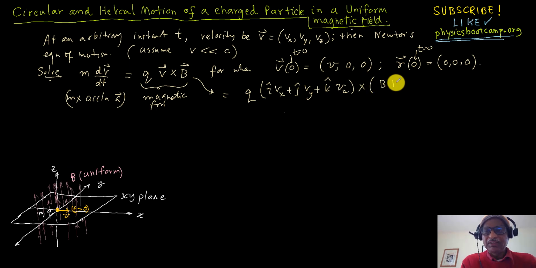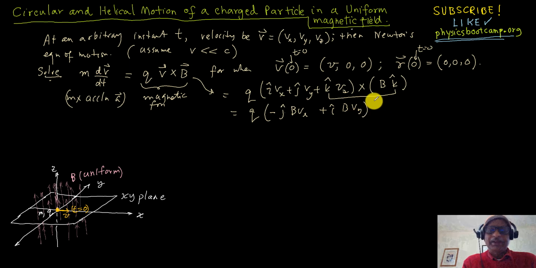So this whole thing turns out to be i hat cross k hat, j hat cross k hat, and k hat cross k hat. This will give me 0, but i hat cross k hat will give me minus j hat B times vx, and j hat cross k hat will give plus i hat B vy, and then plus 0.